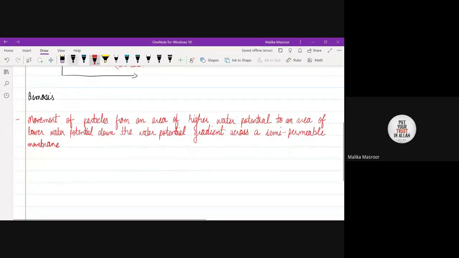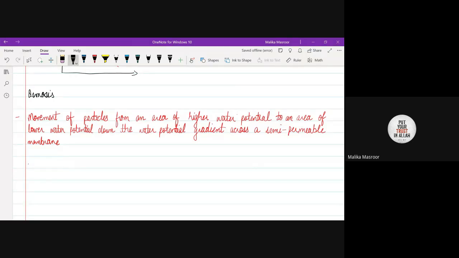Basically, the term water potential means the number of free water molecules. So your water particles are moving from a dilute solution to a concentrated one, because dilute has higher water potential. It will have more free water molecules, and concentrated will have fewer free water molecules.